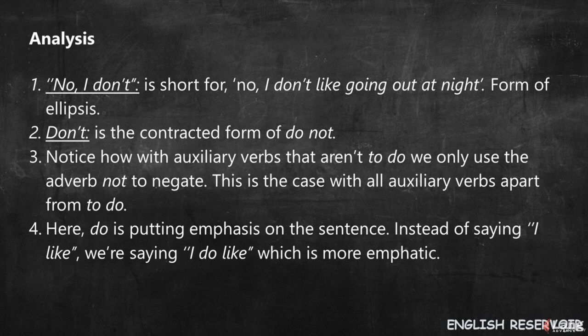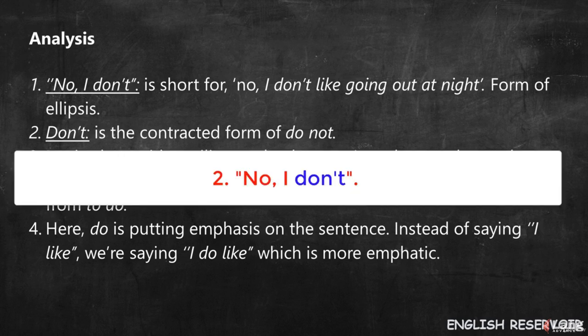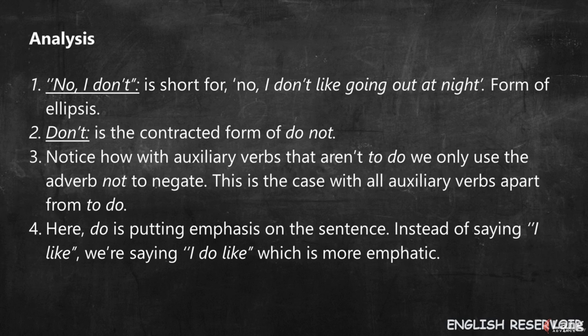Analysis. 1. No, I don't is short for no, I don't like going out at night. It's a form of ellipsis. 2. Don't is the contracted form of do not. 3.